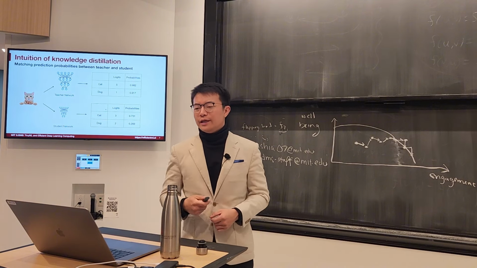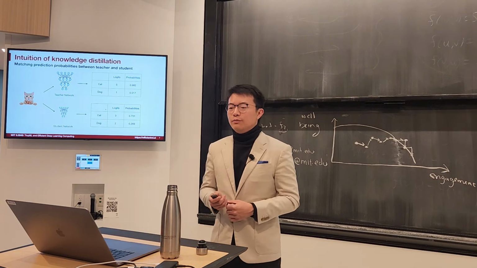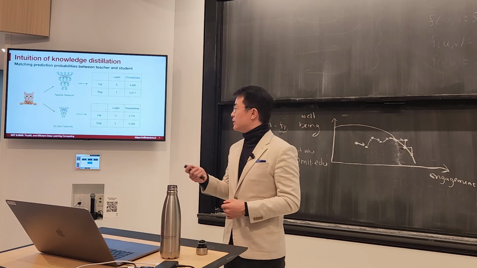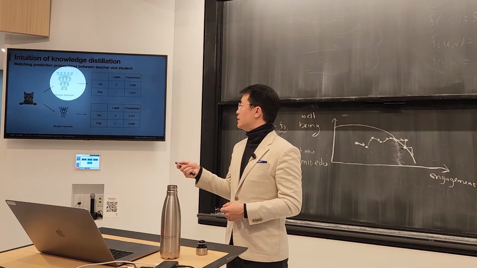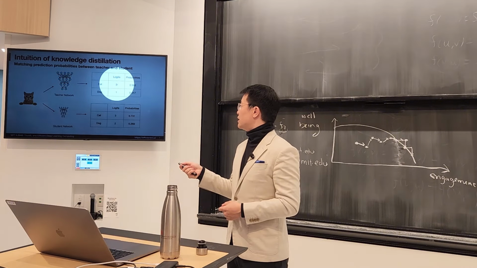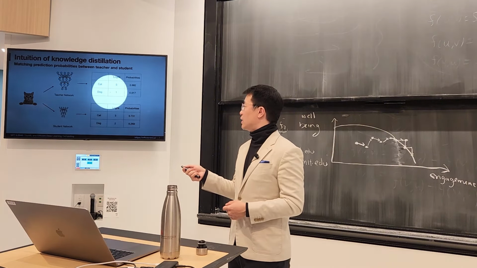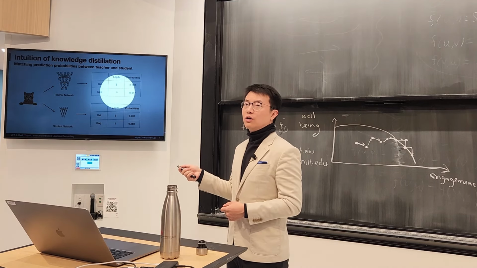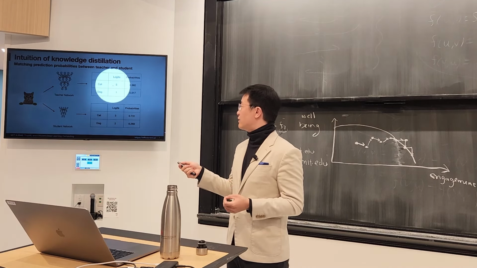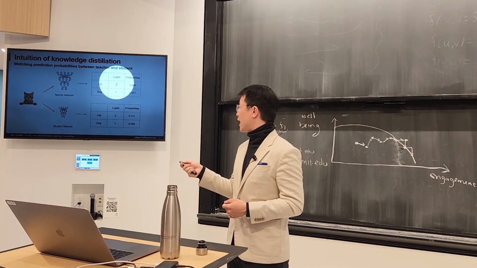What's the intuition for adding this loss? If you look deeper into the prediction, given the same input image, say a cat here, the teacher network has two logits, one for the class cat, one for the class dog. The logit for the cat is 5, dog is 1, meaning that it strongly believes this is a cat.